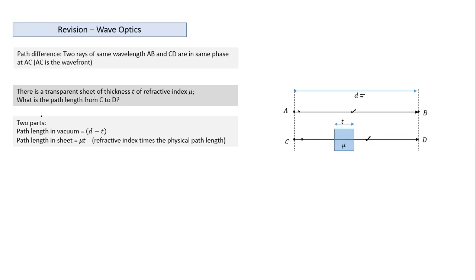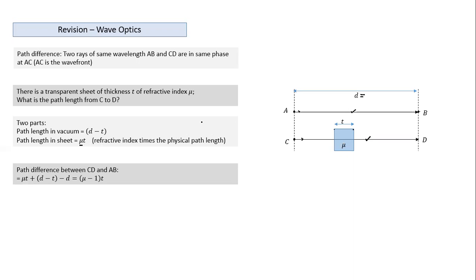The path length in vacuum, where optical path is the same as physical path length, is equal to d minus t. For the remaining part, what is the optical path length when it travels in a medium of refractive index mu? It will not be t, it will be mu times t. That becomes the optical path: refractive index times the physical path length.